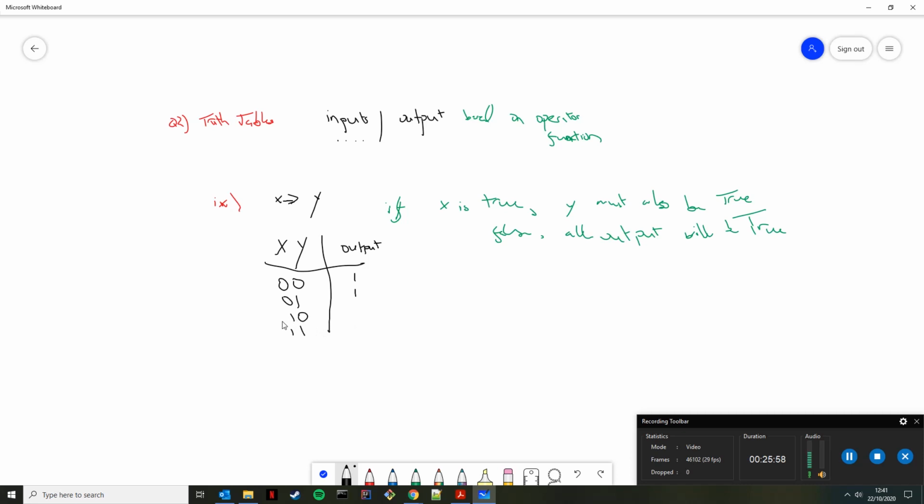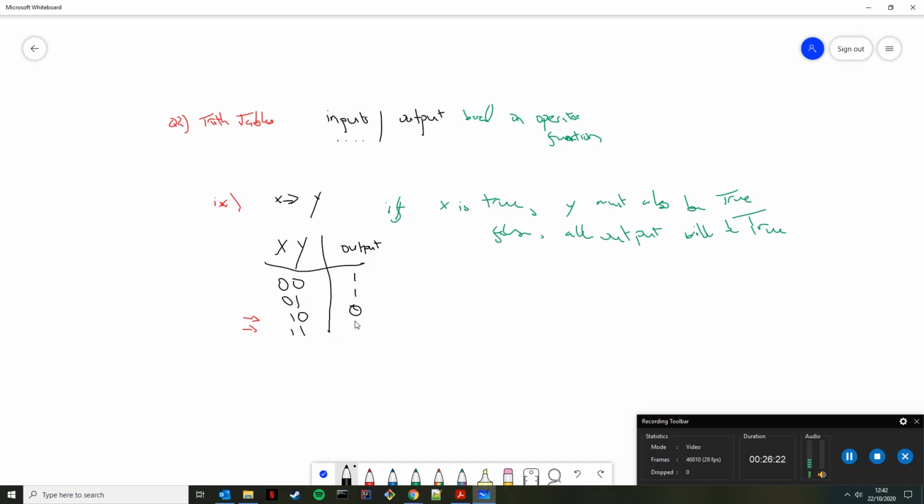So let's start here. Here's where it's actually interesting. When X is true, it says here Y must also be true. But here X is true and Y is 0. So we're actually going to get 0. So X is 1, Y is 1. So when X is true, Y must also be true.